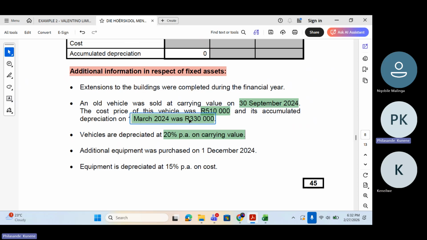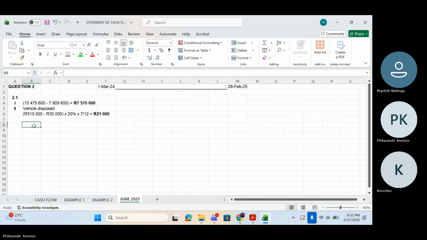So I'm saying 510,000 minus 330, then I say minus 21. Then how much am I getting? 159,000.